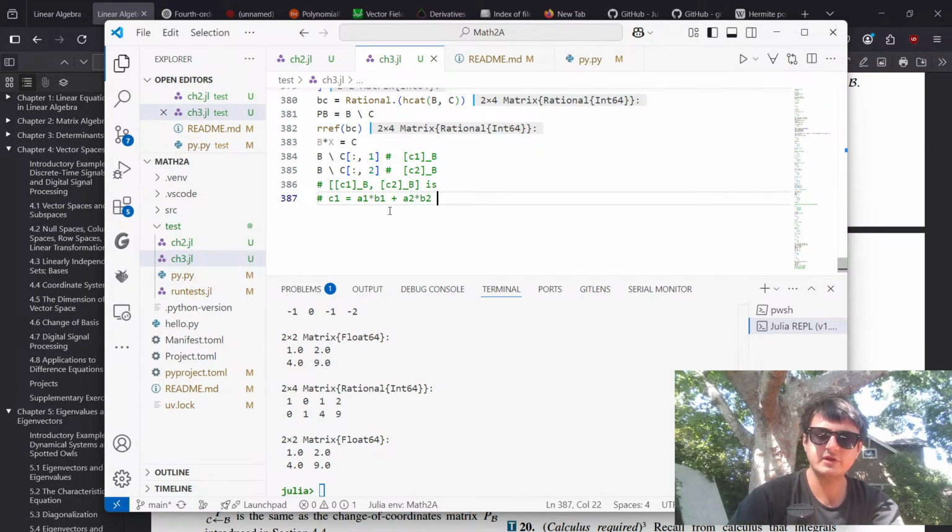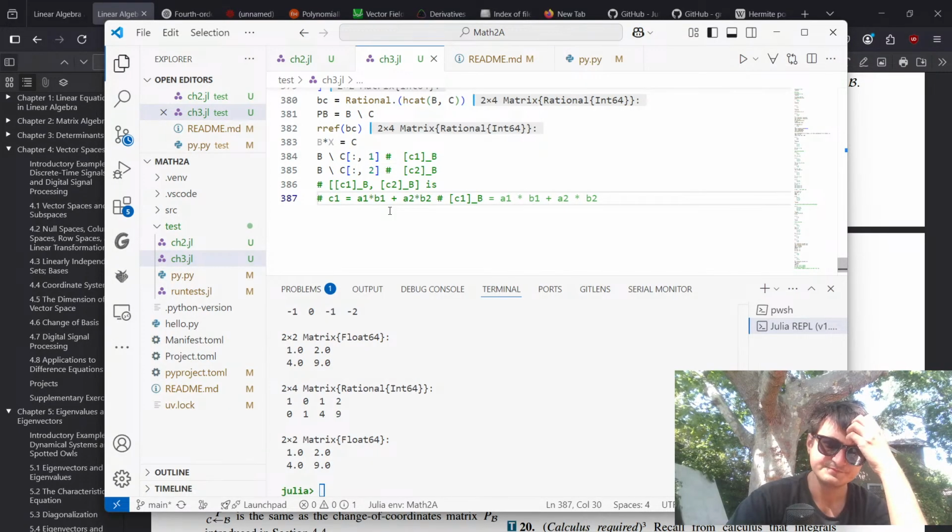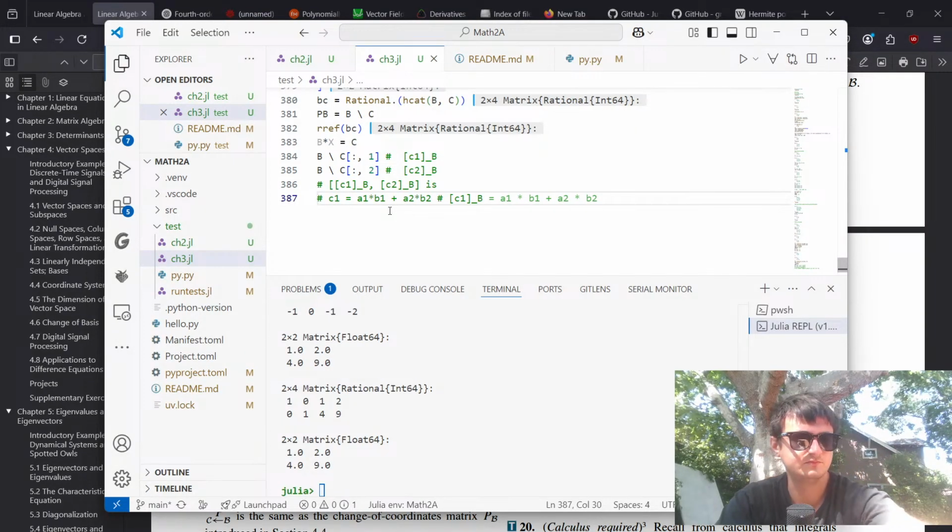This is just how to write C1 in terms of B. One sec.